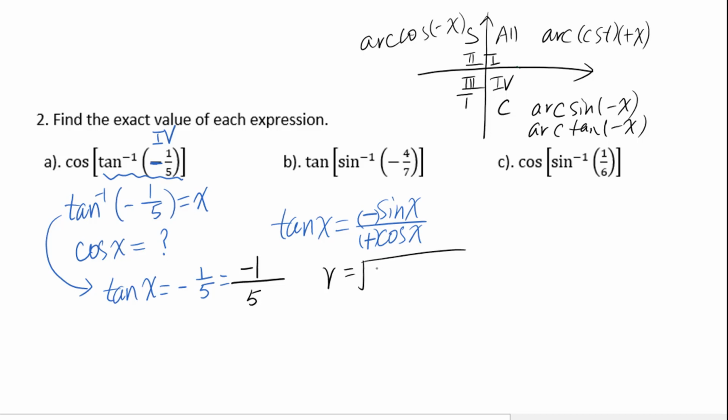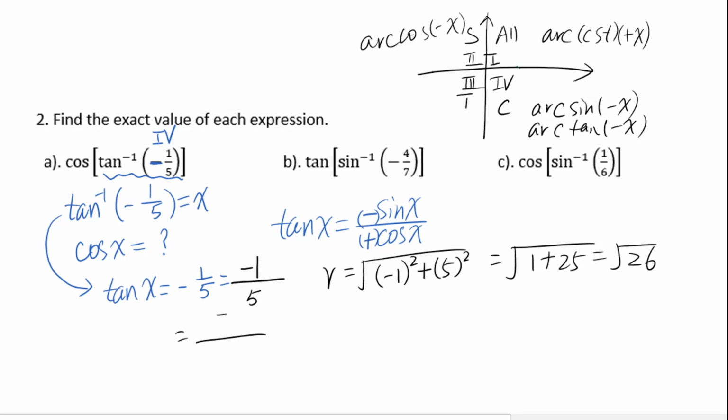Then we will work out this r. It's x squared plus y squared. You have negative 1 squared plus 5 squared. So you have 1 plus 25 equals 26, so r is square root of 26. For the top, we divide by square root of 26. Bottom, we divide by square root of 26. This will be sine x.